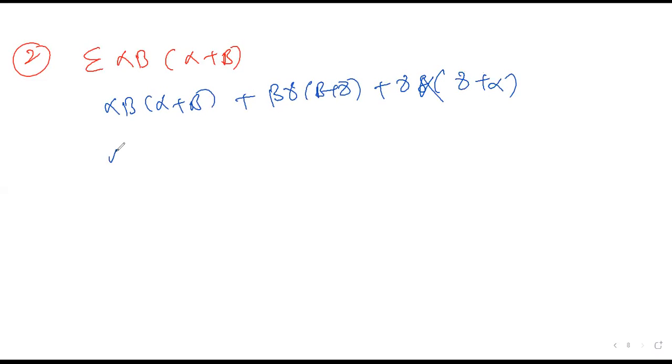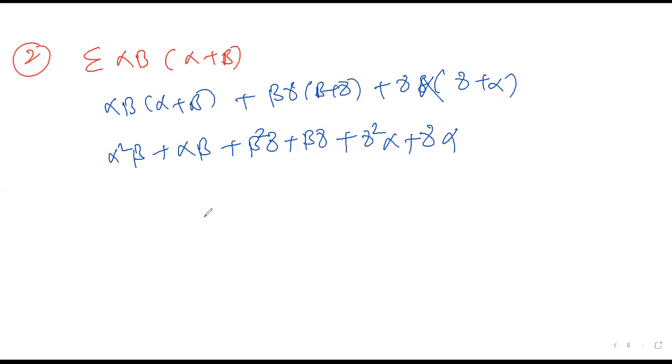Just open: alpha square beta, alpha beta square, beta gamma square, alpha, next gamma alpha. Clear? Any doubt here? Yes, sir.